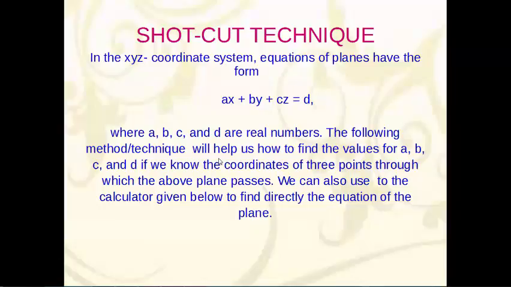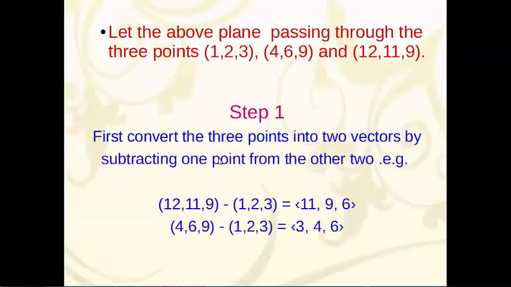We can also use the given calculator to find the equation of the plane directly. So what are the techniques? Suppose the plane passes through 3 points with coordinates (1, 2, 3), (4, 6, 9) and (12, 11, 9). Then in step 1, we have to convert the 3 points into 2 vectors by subtracting one point from the other two.